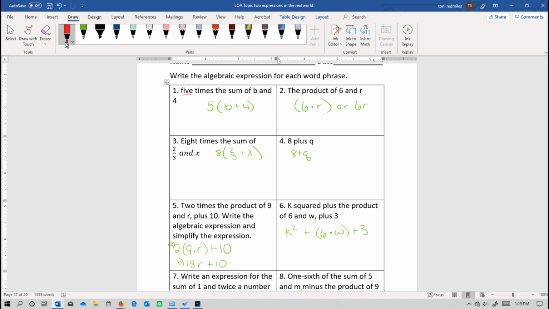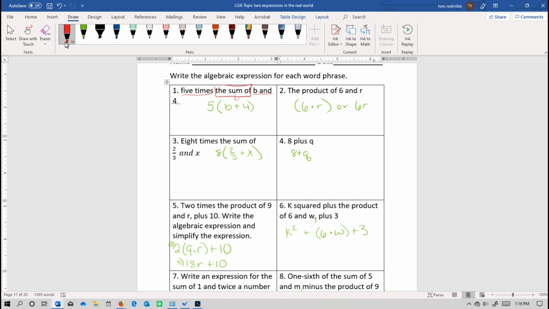So 5 times, well, I can write multiplication with a parenthesis, and the next language, the sum of, tells me I'm going to be using parentheses. And remember, whatever follows that wording goes inside the parentheses, and sum is the answer to an addition problem.